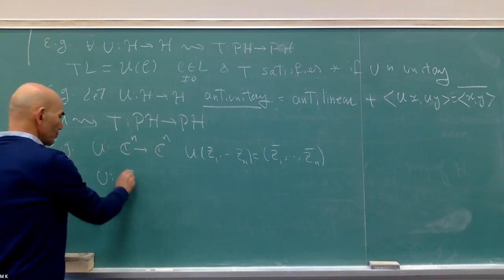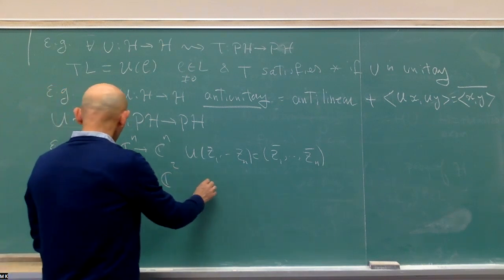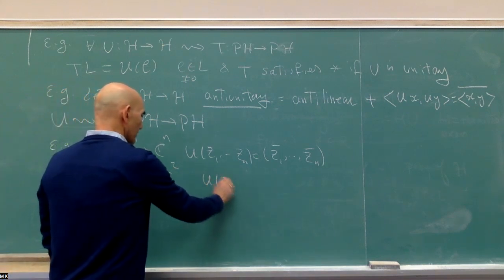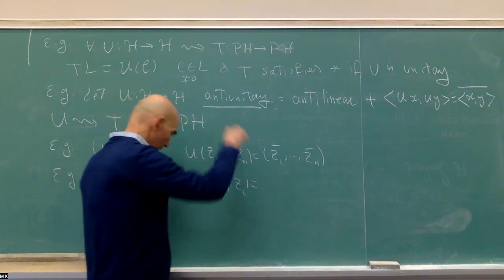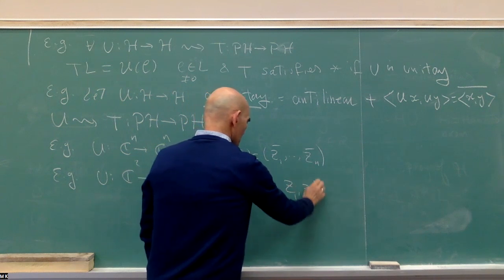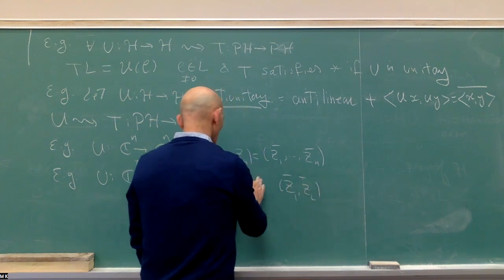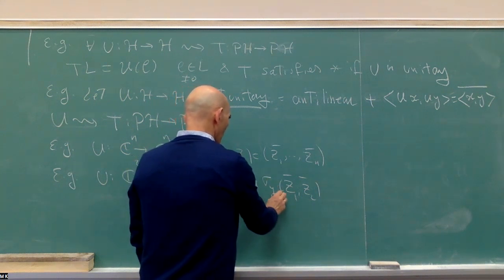U from C2 to C2, U of (Z1, Z2) is basically equal to (Z1 bar, Z2 bar) times i sigma Y.